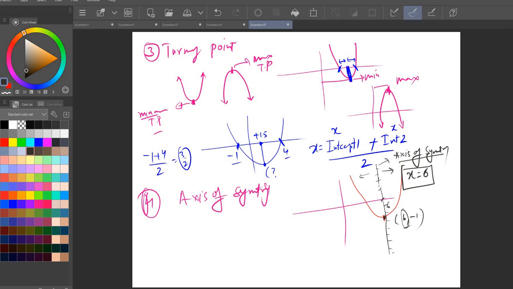That is the line that divides the parabola into mirror images on the left and right. And what is the equation of that axis of symmetry? You say x equal to the x value of the turning point, right? So that summarizes in a nutshell the key features of a quadratic equation, a parabola, right? A quadratic equation gives you a parabola eventually.